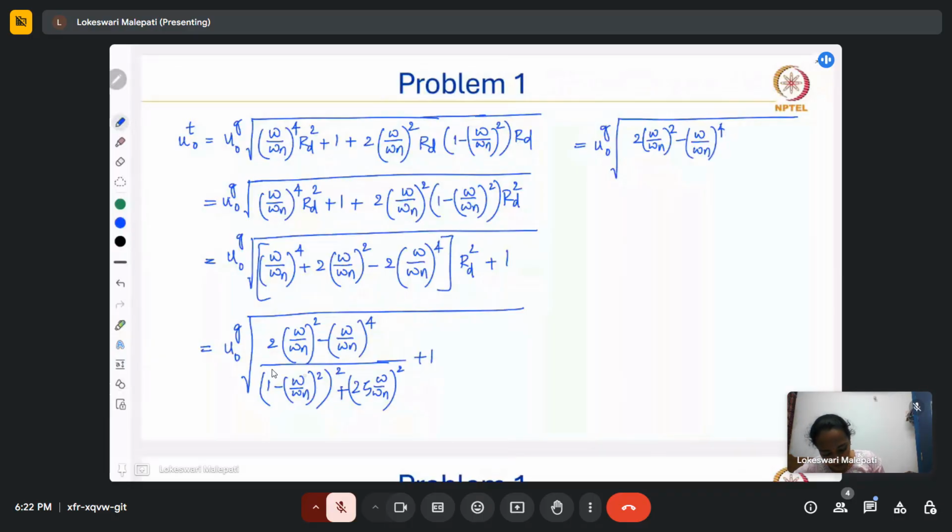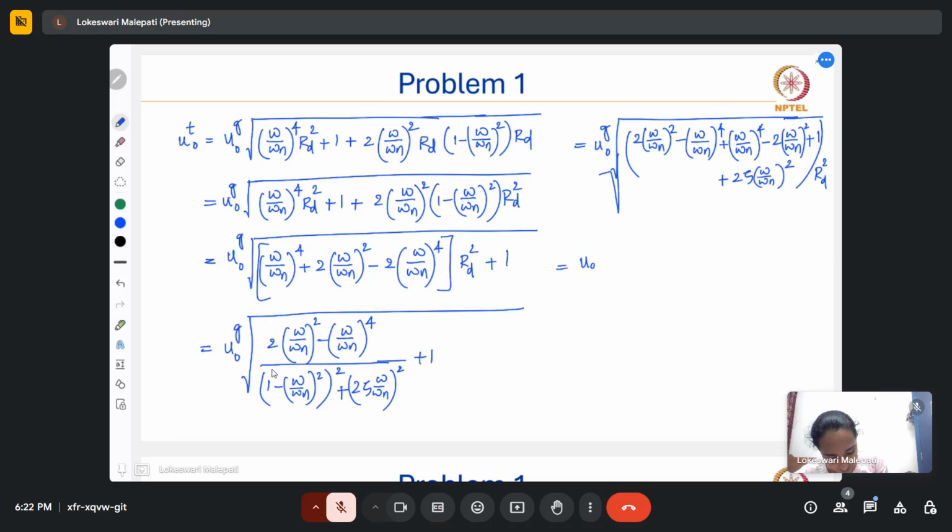2 omega by omega n whole square minus omega by omega n whole power 4. So we can expand this square term, then we will get plus omega by omega n whole power 4 minus 2 omega by omega n whole square plus 1 and plus 2 zeta omega by omega n whole square. And then in the denominator we have this term, or else this can just be called RD square.